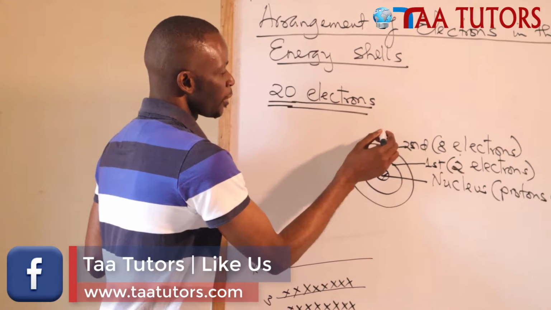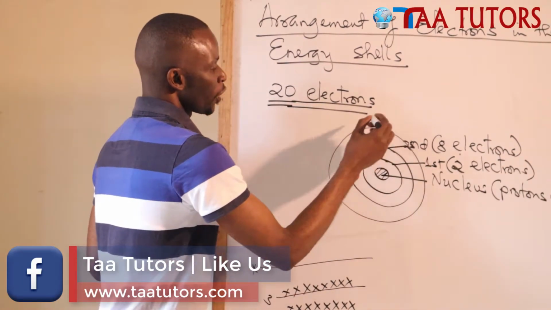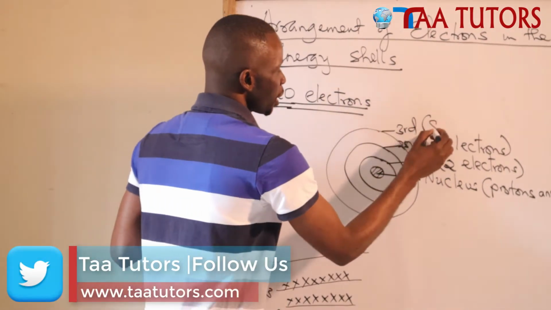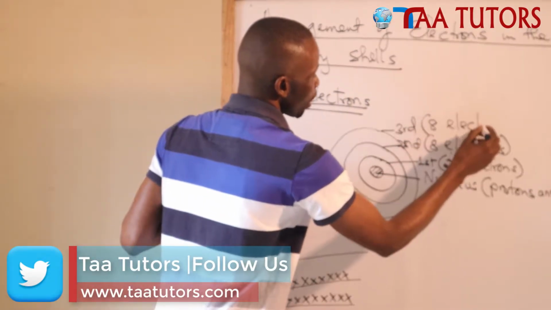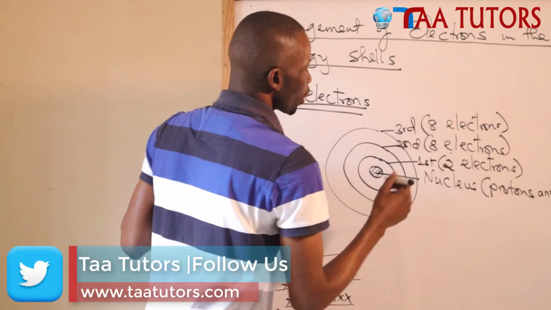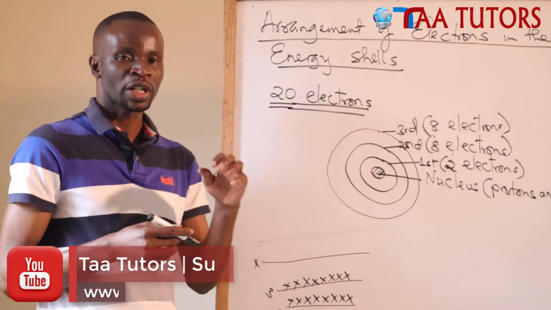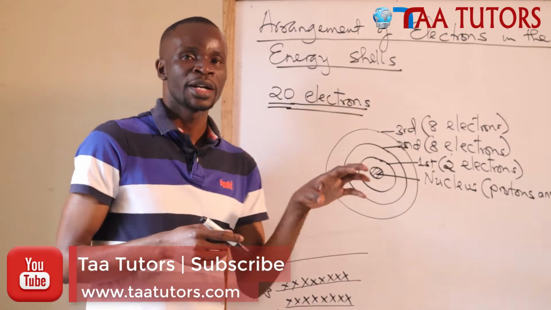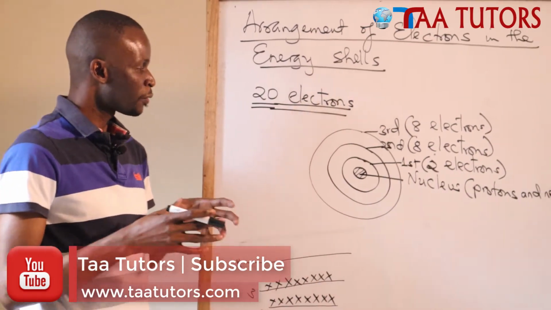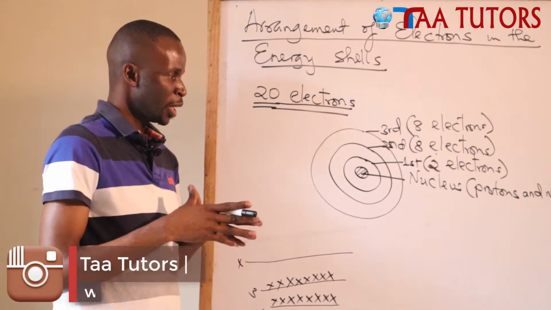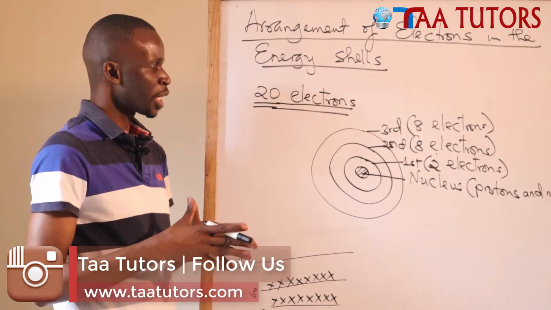If we have the third, for example, we have to go for the third energy level, and the third energy level, viewers, will also carry 8 electrons maximally. When I say maximally, what I mean is that this energy shell can carry 8 or less, but cannot carry more than 8. So viewers, these are very important rules that we have to use to guide us when we are determining the number of energy shells that an atom has.